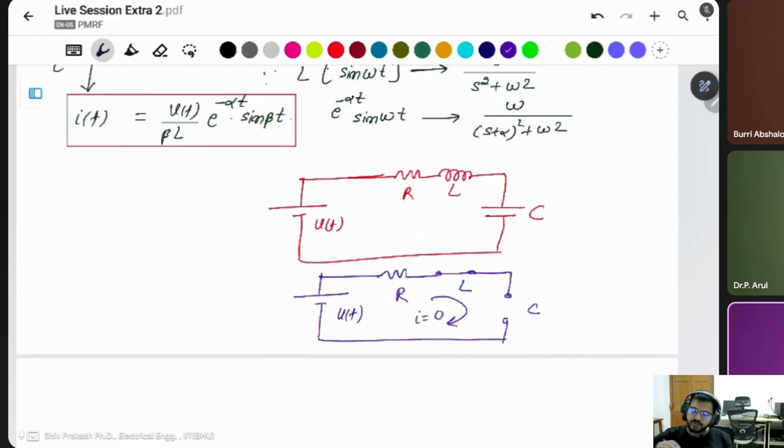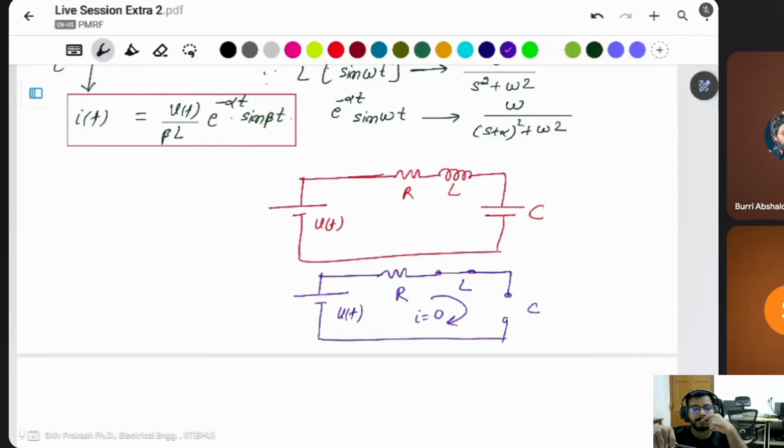Current will be zero because of the open circuit due to the capacitor. But here, the current nature in the RLC series circuit is sinusoidal.